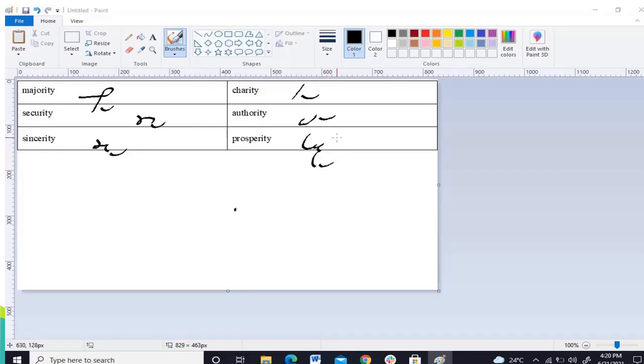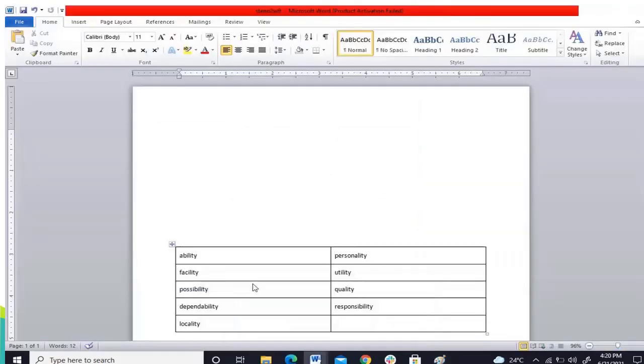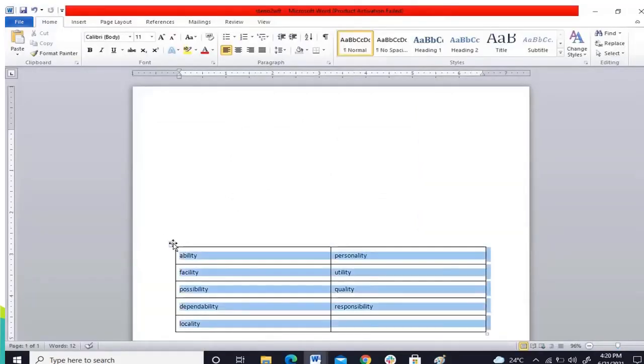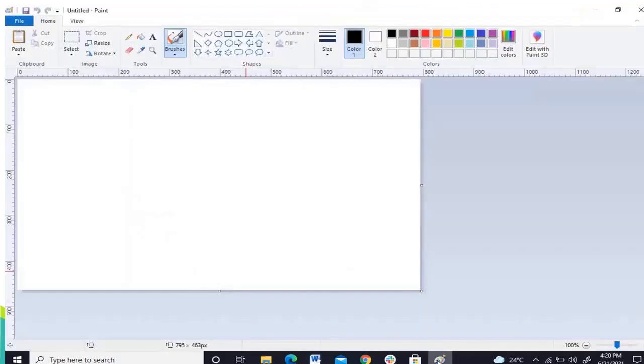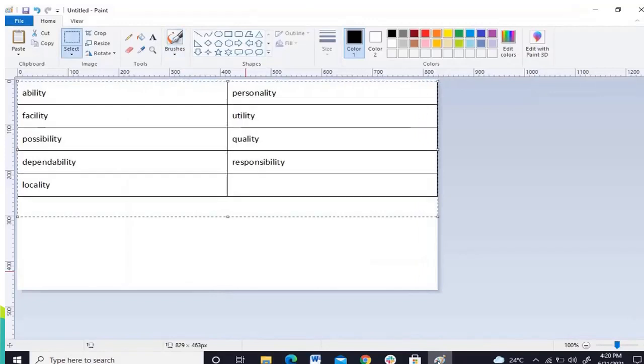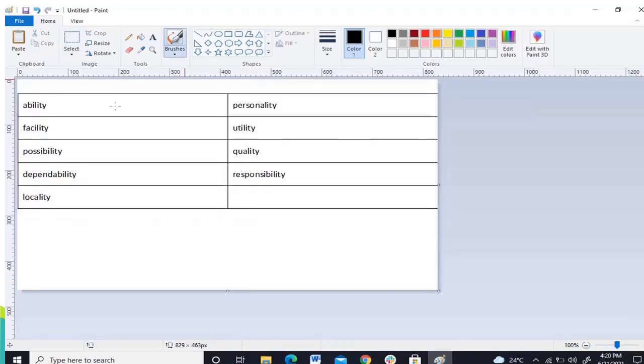Now, let's move on to our "liti" and "lti" words. Let's transfer them. So here are our words. First, we have ability. Our "liti" is represented by the disjoint L. Okay?